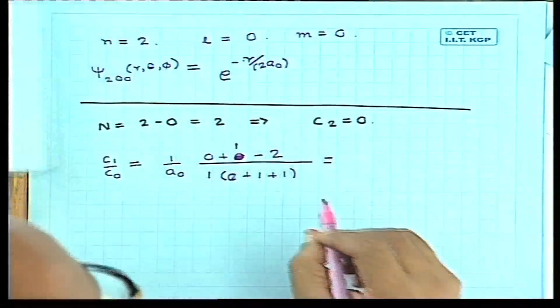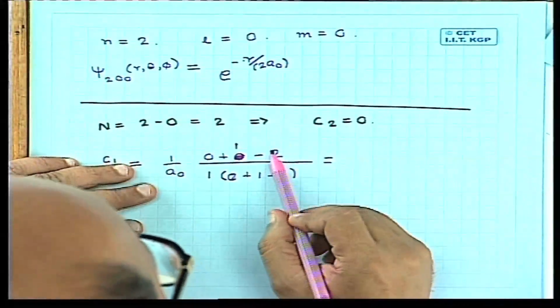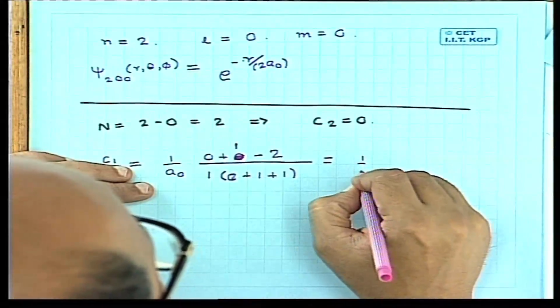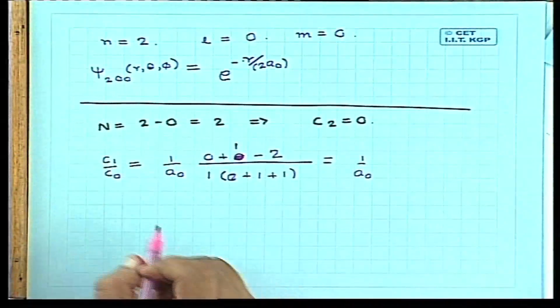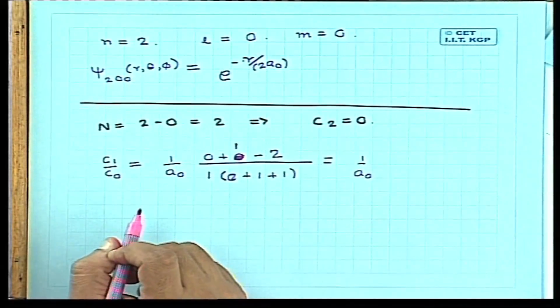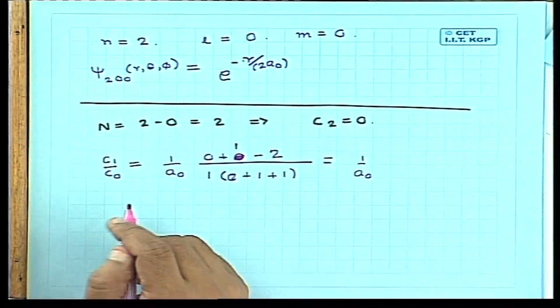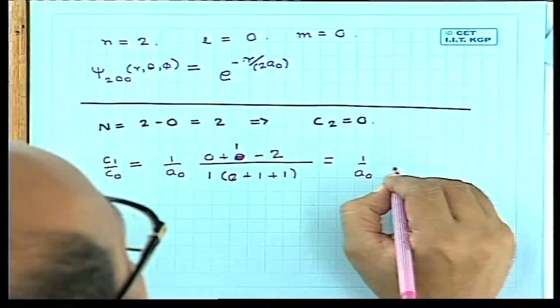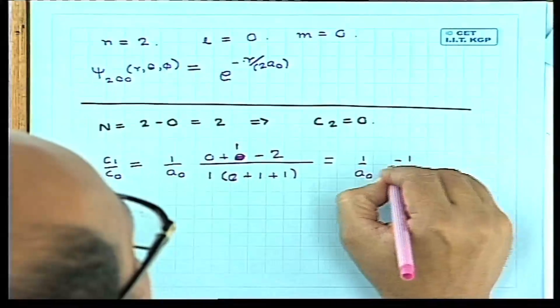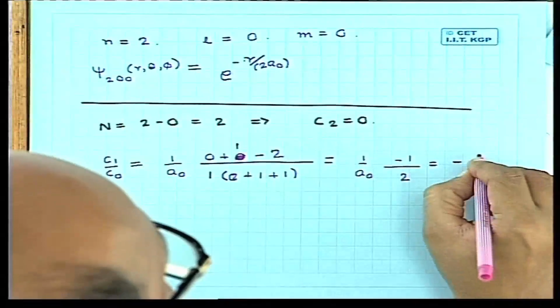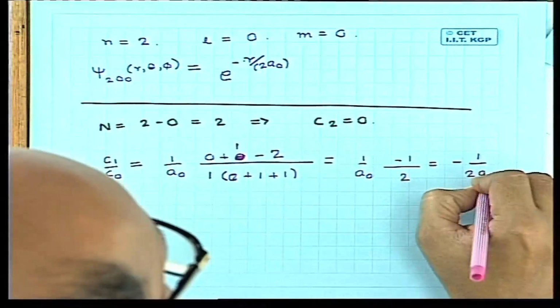So the numerator gives us 0 plus 1 minus 2, which is minus 1. And in the denominator, 1 times 2L plus 1 plus 1 gives 2. So it is minus 1 by 2 a naught.